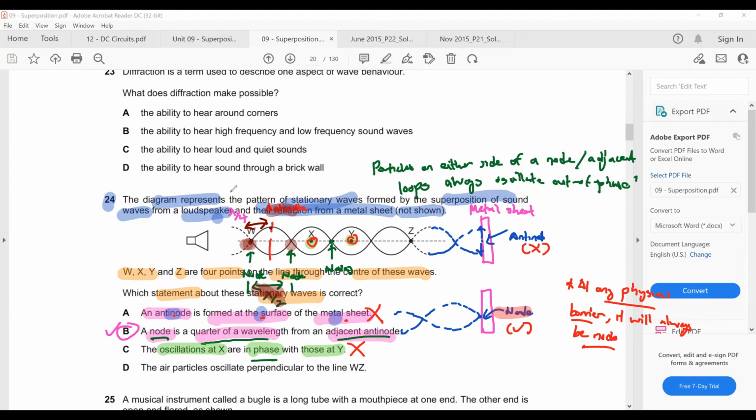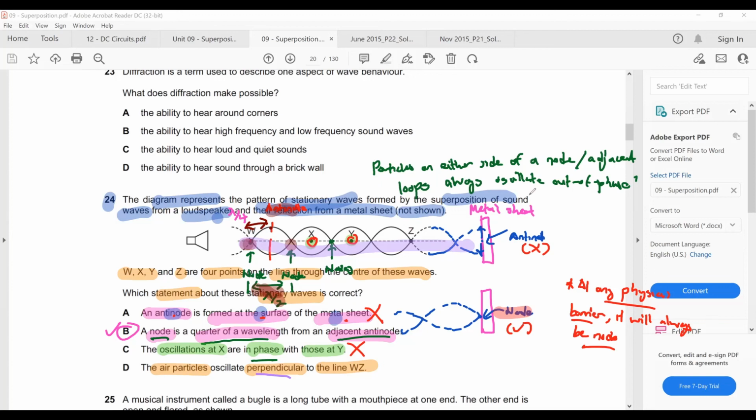Then the last one, look at this one. The air particles oscillate perpendicular to line WZ. Line WZ is this horizontal line here. They're saying that the particles are oscillating perpendicular to line WZ. Now, look at what kind of wave this is.